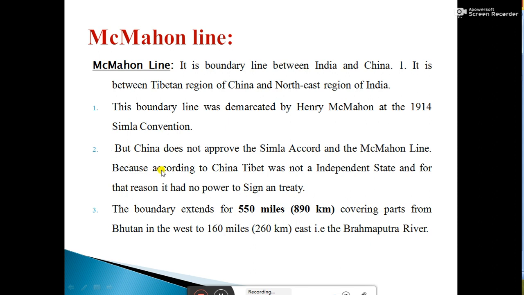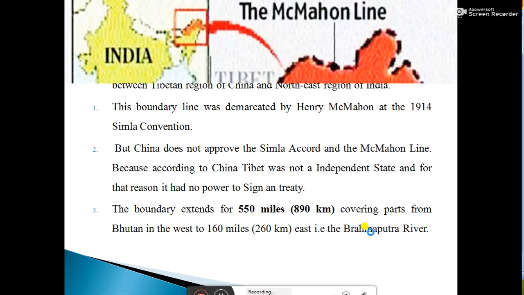But China does not approve the Simla Accord and the McMahon line, because according to China, Tibet was not an independent state, and for that reason it had no power to sign a treaty. The boundary extends for 550 miles, or 890 km, covering the part from Bhutan in the west to 160 miles east, that is the Brahmaputra river.